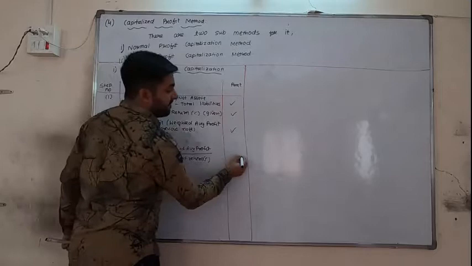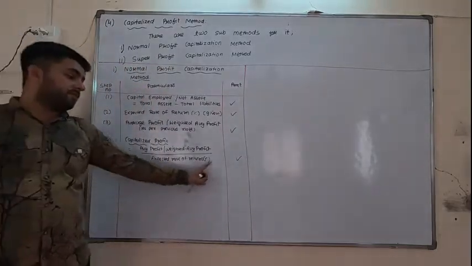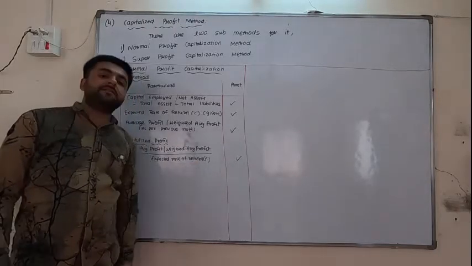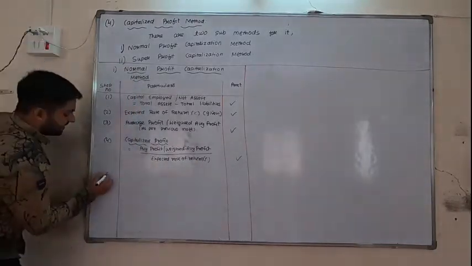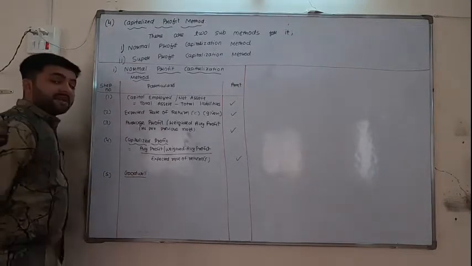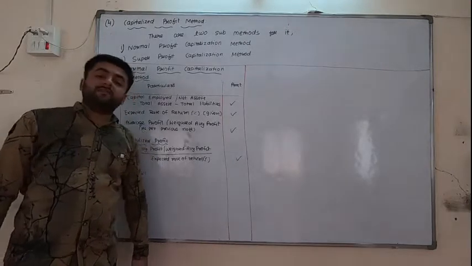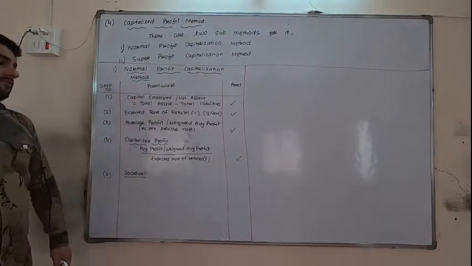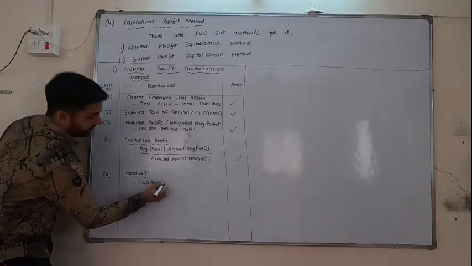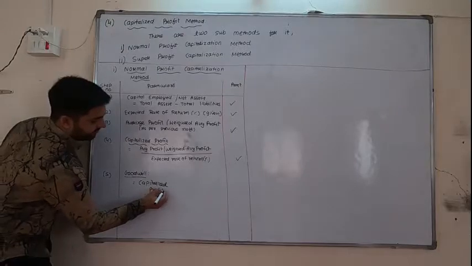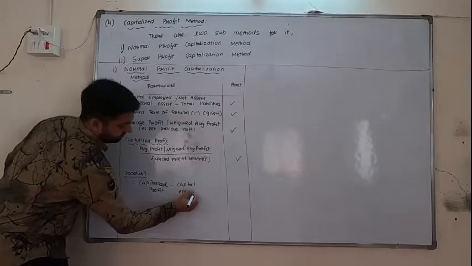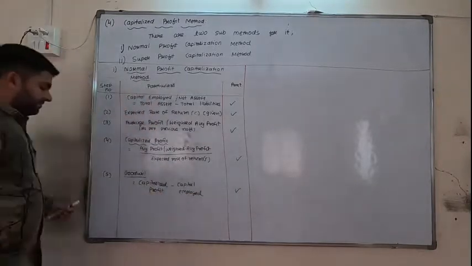You divide by the percentage, otherwise the answer will be wrong, because in the book multiply by 100 is given, but we are not using that 100, we directly divide by the percentage. And the last step is goodwill. Normally goodwill is found by multiplying, but in the capitalization method we will not find it by multiplying. It is capitalized profit found in step 4 minus capital employed in step 1. So you will get it.